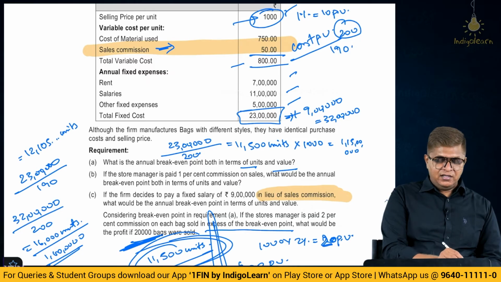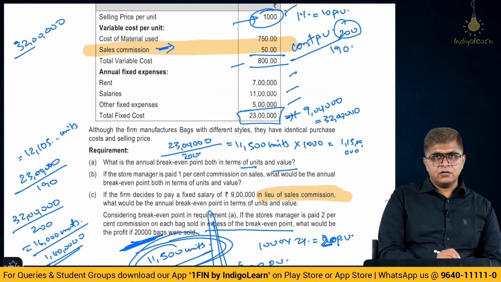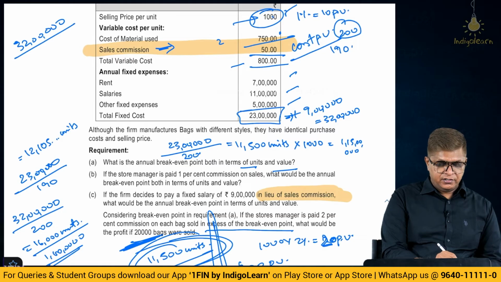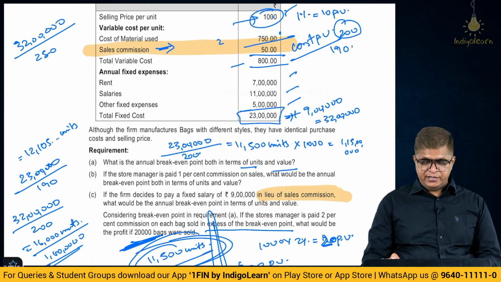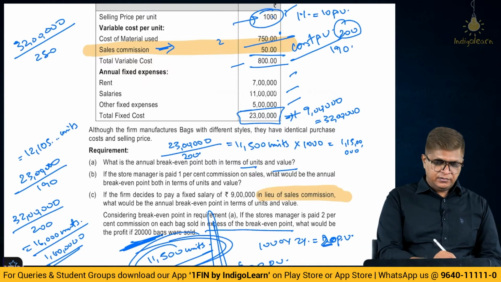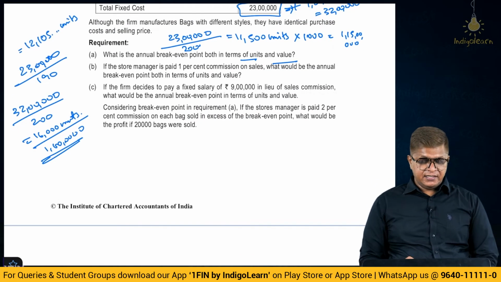Then our fixed cost will be 32 lakhs. Our contribution per unit will be 1000 minus 750, 250 per unit. So the revised break-even point will be 12,800.